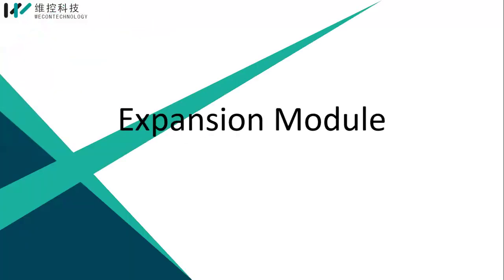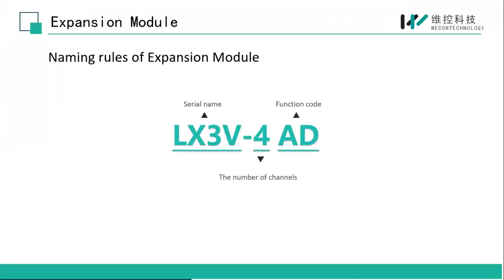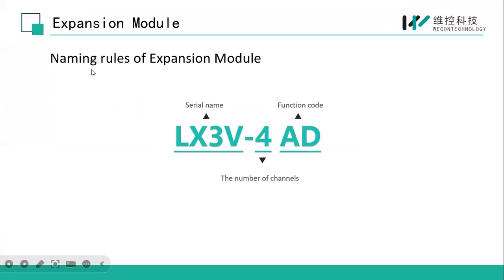The first is the expansion module. We start with the name rule of the expansion module. The first is the series name. For the moment, all the series names are LX3V, and here is the number. It means the channel: how many channels for this module?